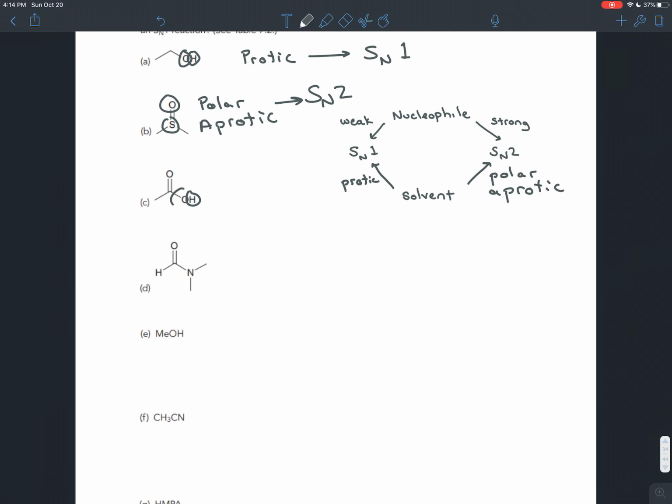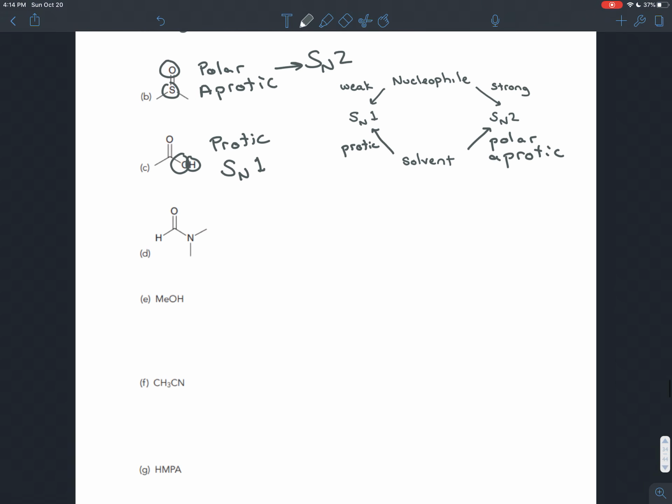Here we have a hydrogen, and it's bonded to an electronegative element. So that's protic. Protic solvents favor an SN1 mechanism. So this is vinegar. If you do a reaction in vinegar, it's going to favor an SN1 reaction, a substitution reaction. Here we have these electronegative elements, but they are not bonded to hydrogen.